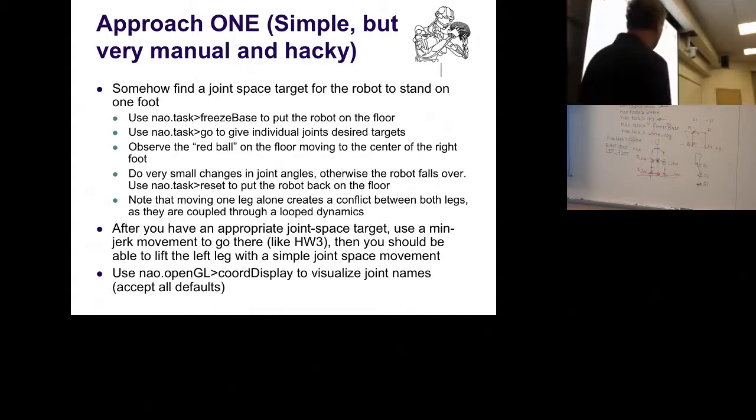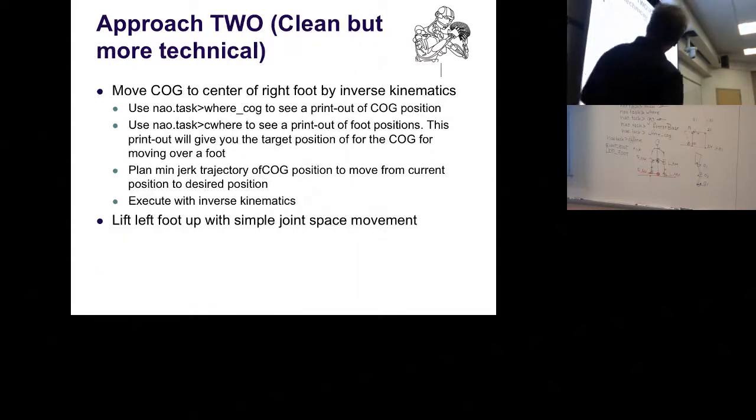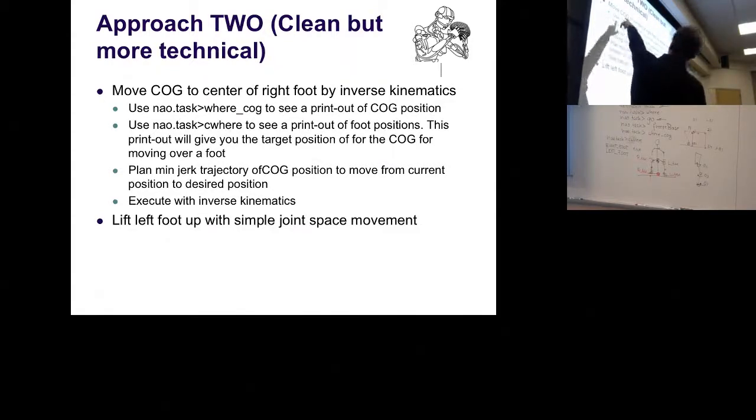Okay, so that was one approach for how to do things. The second approach, which is the cleaner approach but a little bit more technical, is to move the COG to the center of the foot with inverse kinematics. And I'll tell you for a second how this works. Again, if you do where COG, it prints the COG position. If you do see where, you see the print of where the foot is.